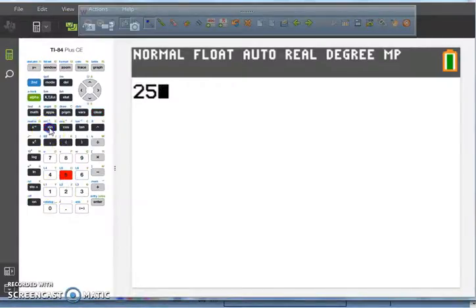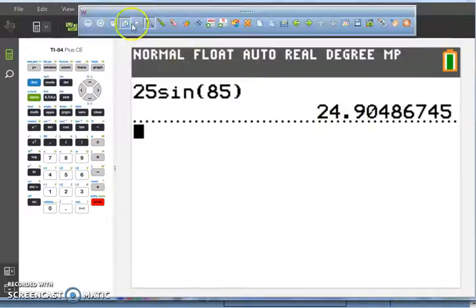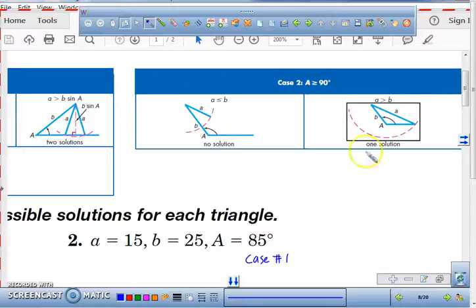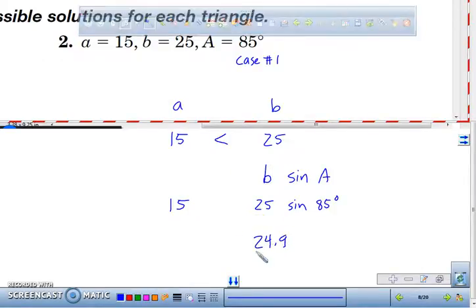Type in 25 sine of 85, and you're right. It says what? 24.9. Well, how do I use that 24.9? So this right here was equal to 24.9. 15 is way less than 24.9.